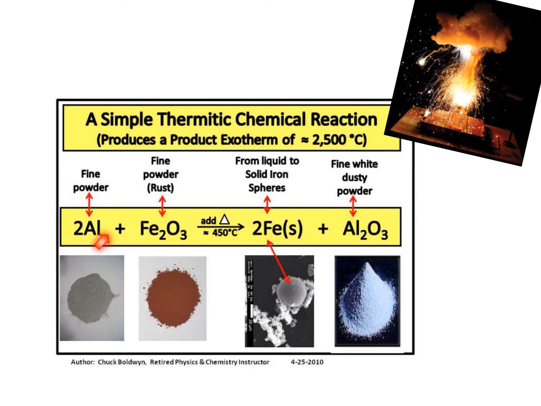The aluminum is going to cause the iron(III) oxide to be reduced because aluminum is going to form stronger bonds with the oxygen than the iron did. And the products of this reaction are molten iron, which solidifies into solid iron, and aluminum oxide.